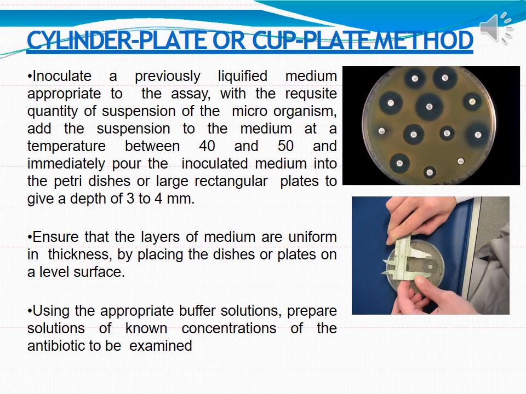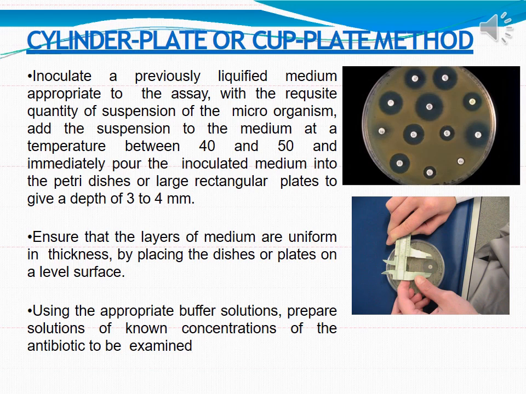The region is clear around the hole in which you put the antibiotic because the antibiotic has migrated from the hole into the nutrient medium and killed the microorganisms around the hole. This region where no microorganism is present inside your petri dish is called the zone of inhibition, ZOI.